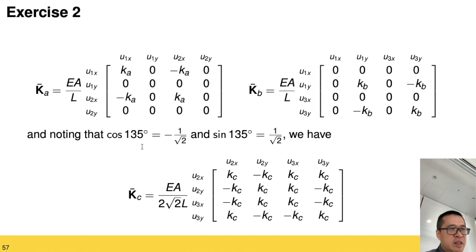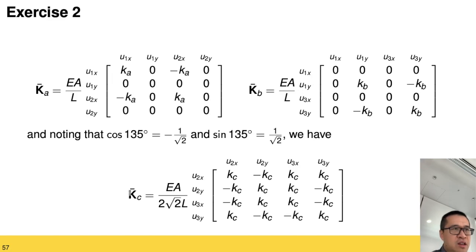So that gave me the cos and sine values of 135 degrees, which plug into the equations we have a few slides back. That gives me the KC matrix.